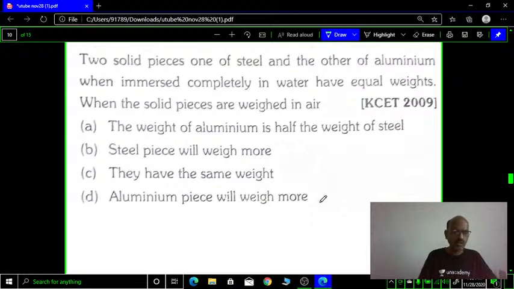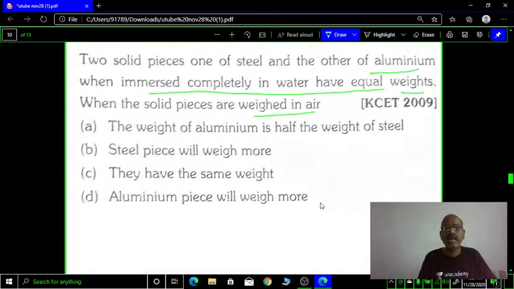Two solid pieces, one of steel and the other of aluminium, when immersed completely in water have equal weight. When the solid pieces are weighed in air, what happens? Two solid pieces, one steel, other aluminium, when immersed completely in water have equal weight.